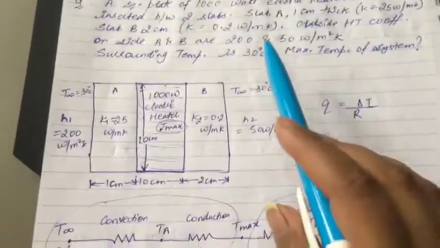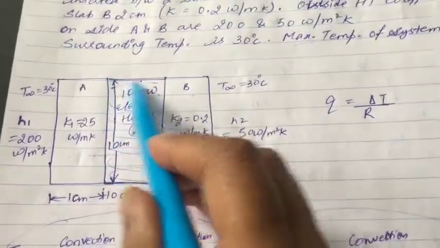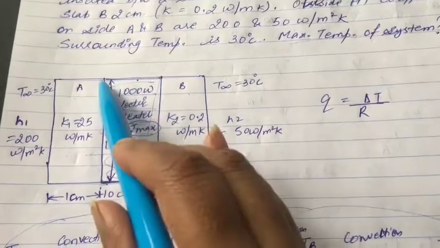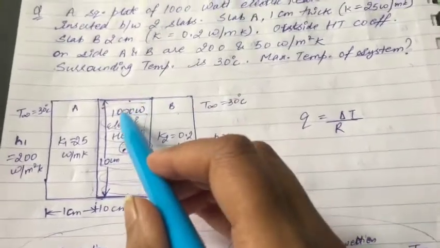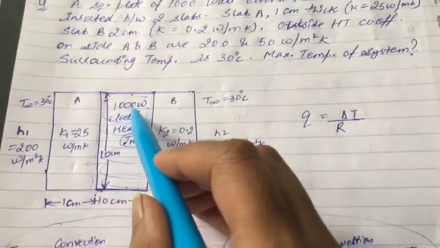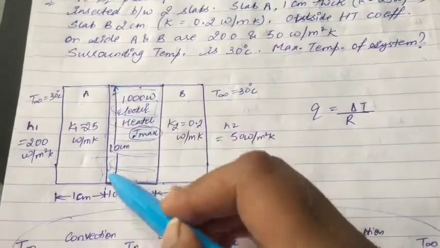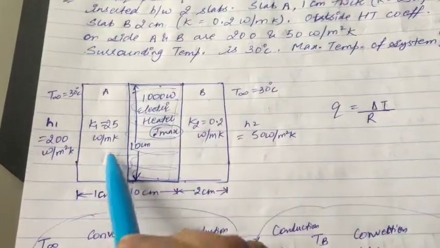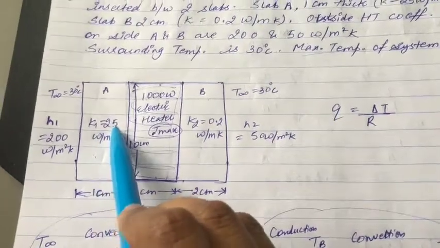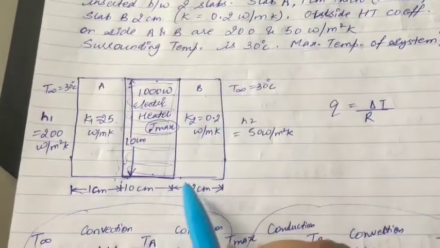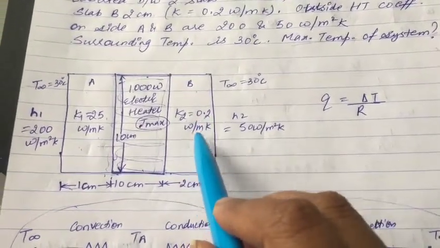So let's understand this question with the help of a diagram. So we have two slabs A and B, and between them a 10 centimeter by 10 centimeter electric heater is inserted, and it is a 10,000 watt electric heater. The thickness of slab A is 1 centimeter, its K is given as 25, and the thickness of slab B is 2 centimeter, and its K2 is 0.2 watt per meter Kelvin.